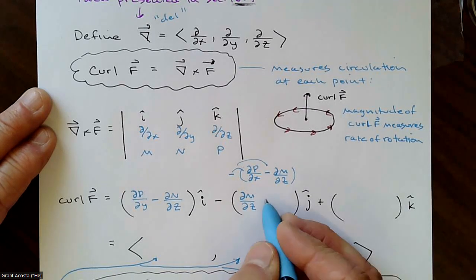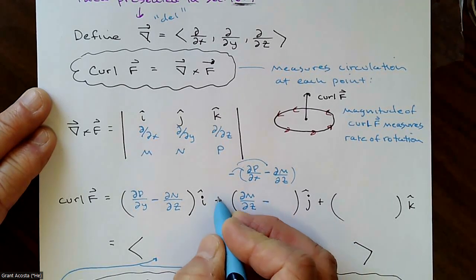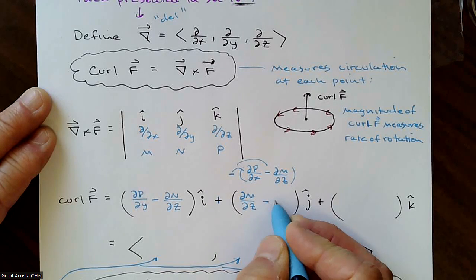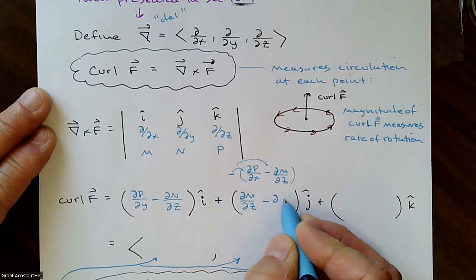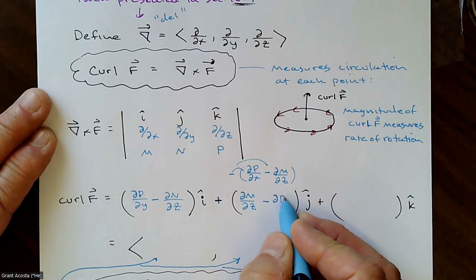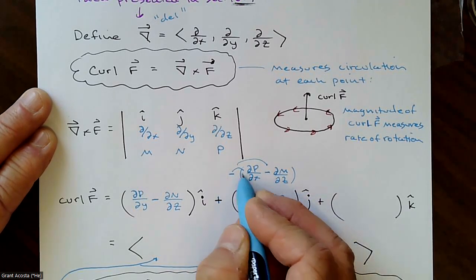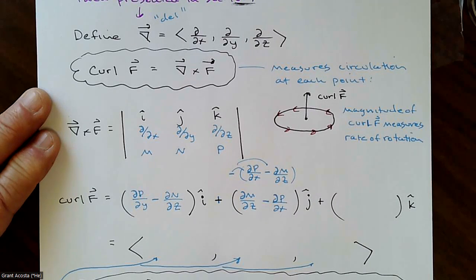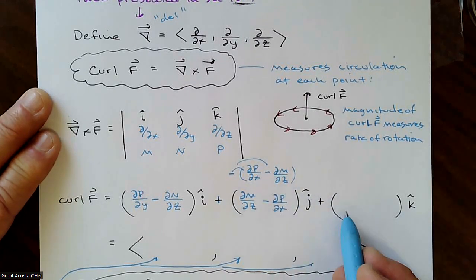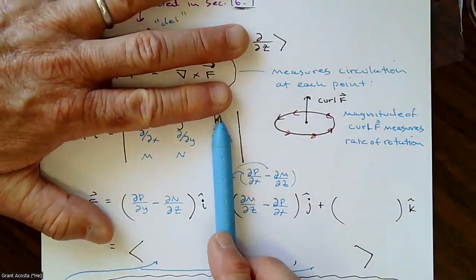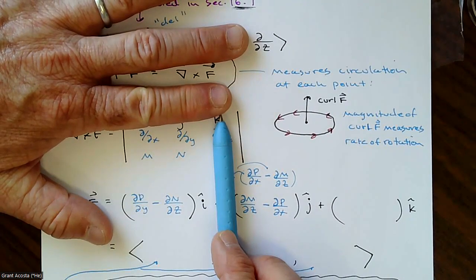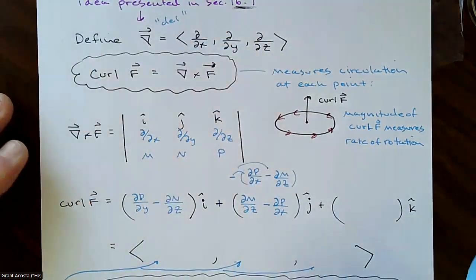Yeah, minus this, and I could call this plus. There we go. That's what I was missing. Minus the partial of P with respect to x. Now we're good, because that would be positive. When I distribute this would be minus. And then finally for the k component, that's going to be the partial of N with respect to x minus the partial of M with respect to y.